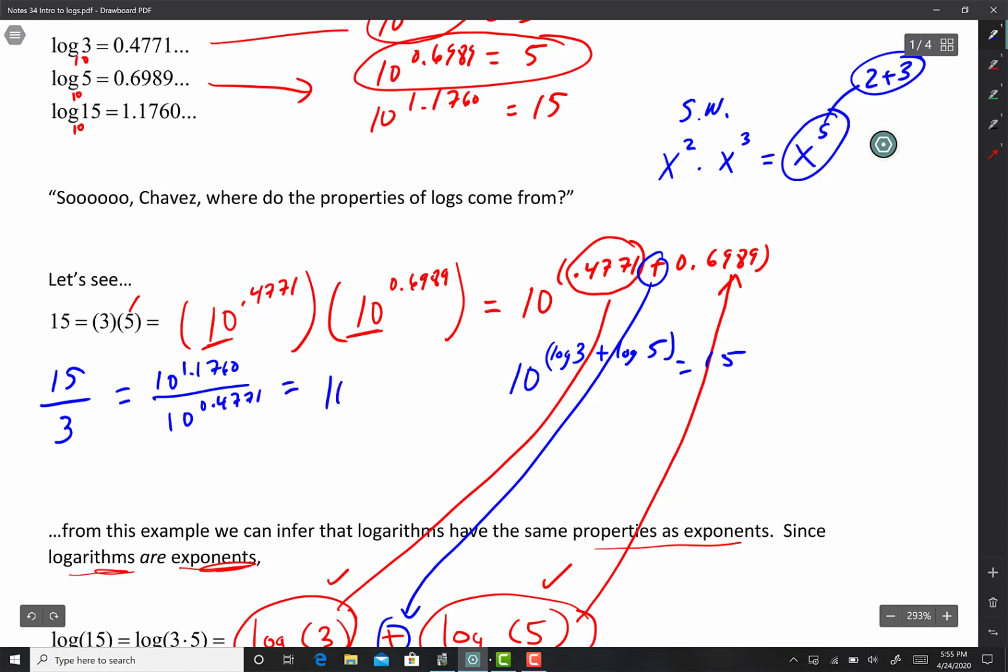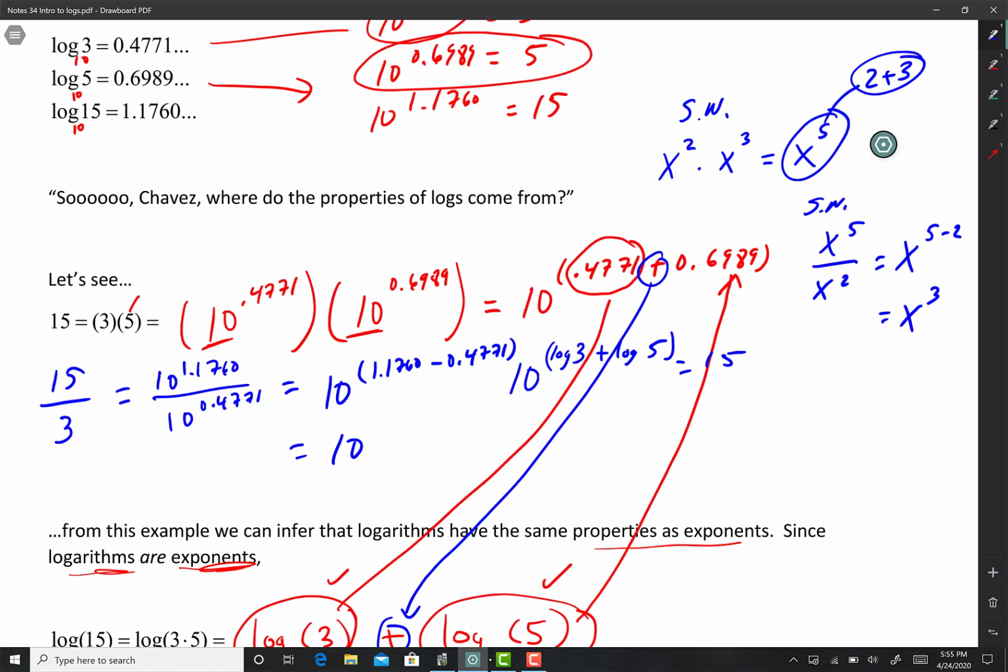So that's going to give you 10 to the power, well, when you're dividing, here's another side note: x to the 5th over x squared, when you had algebra 1, you did 5 minus 2. So you said that was x to the 3rd power. That's what I'm doing right here, 1.1760 minus 0.4771. The magic number, when I subtract that, better be, well, 15 divided by 3 is 5, right? So that better be 10 to the power 0.6989.